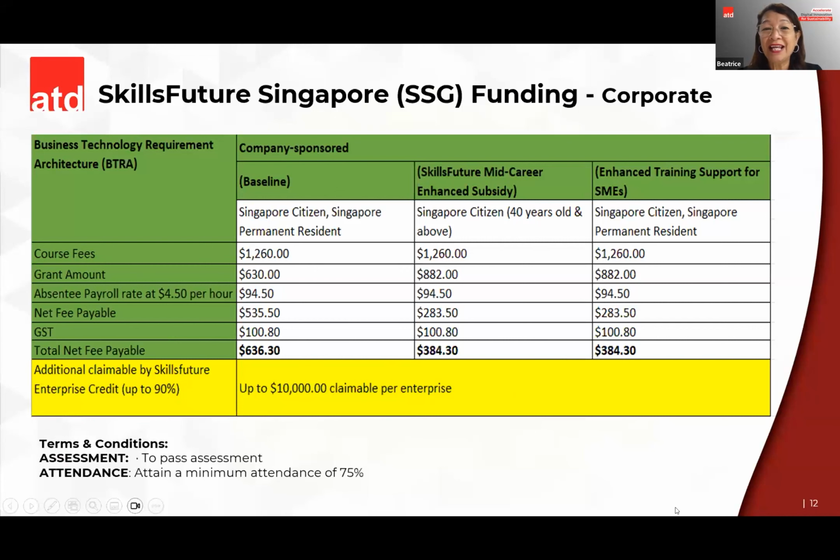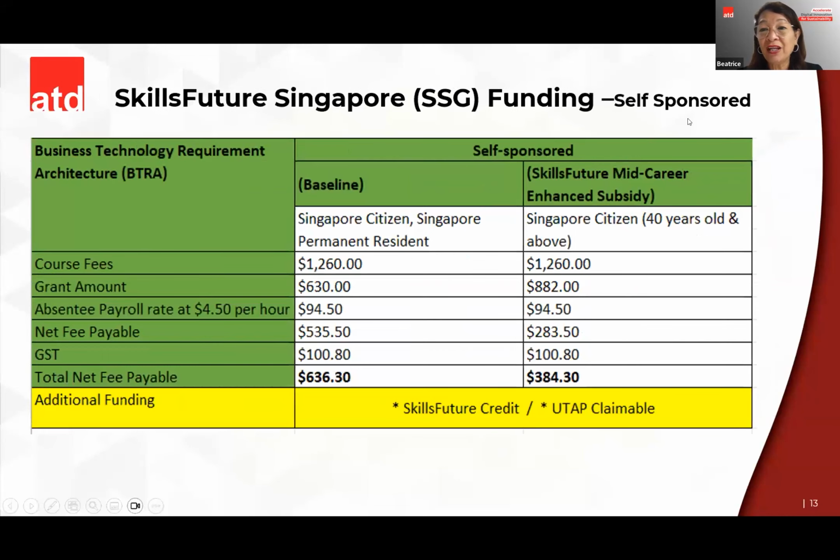Okay, for those who are looking at self-sponsored, for Singaporeans and PRs, there are different funding. If you're looking at citizens, Singaporeans who are 40 years and above, you will also get course fee funding, which is 1260.